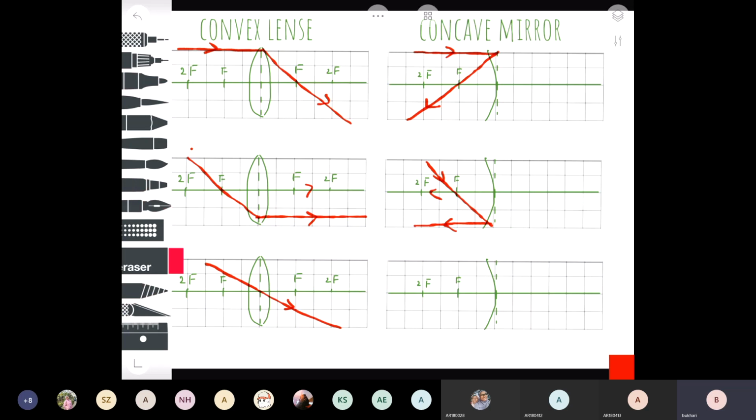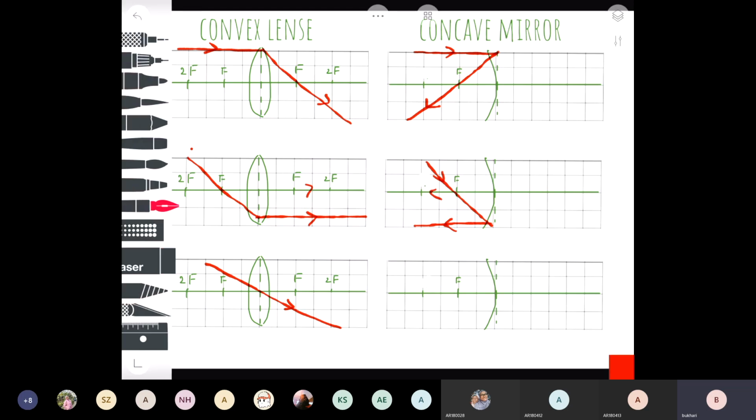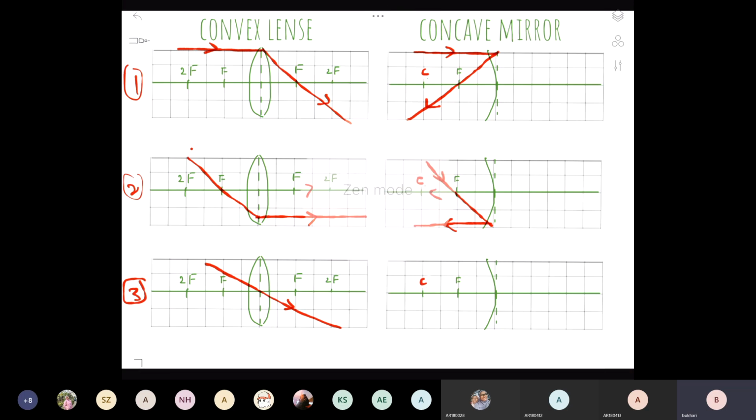I'm going to change it. This is not 2F. As I mentioned earlier, it is C. This is C, center of curvature. I have corrected the mistake.